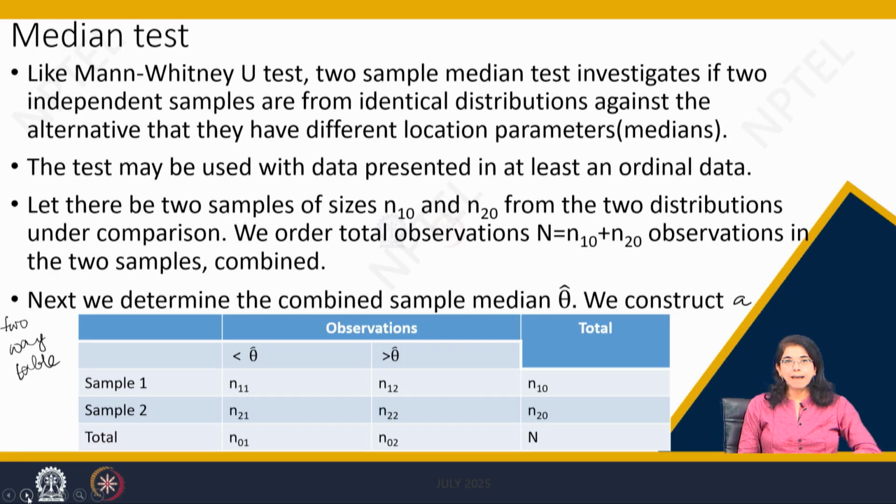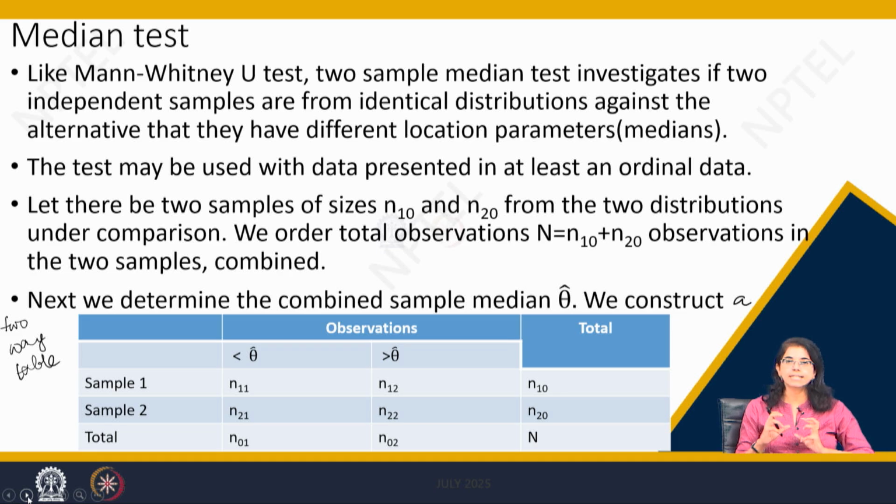Like the Mann-Whitney U-test, the two sample median test investigates if two independent samples are from identical distributions against the alternative that they have different location parameters. So here, as location parameters, we are taking the medians. Clear? The test may be used with data presented in at least an ordinal scale.